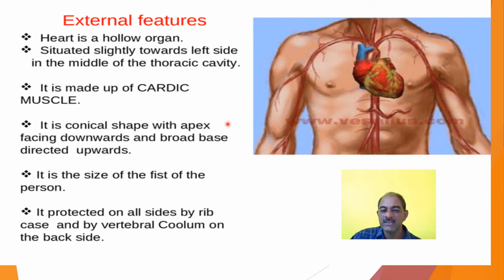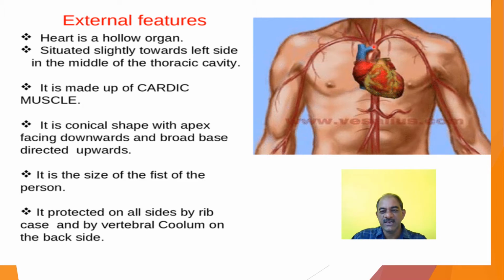It is conical shape with apex downward and broad base directed upwards. It is the size of the fist of the person and it is protected on all sides by the rib cage, particularly the thoracic cage, and the vertebral column on the backside.